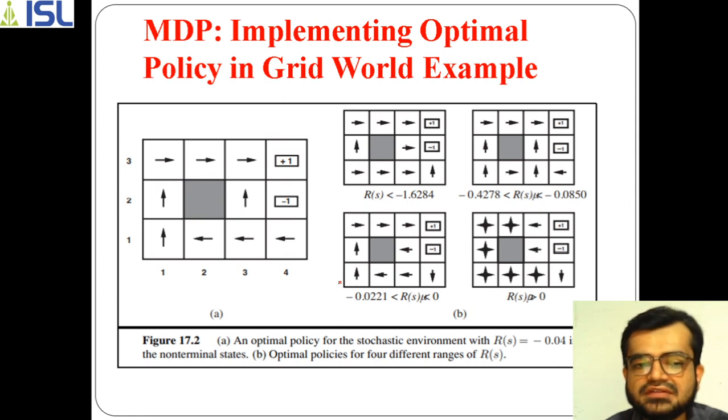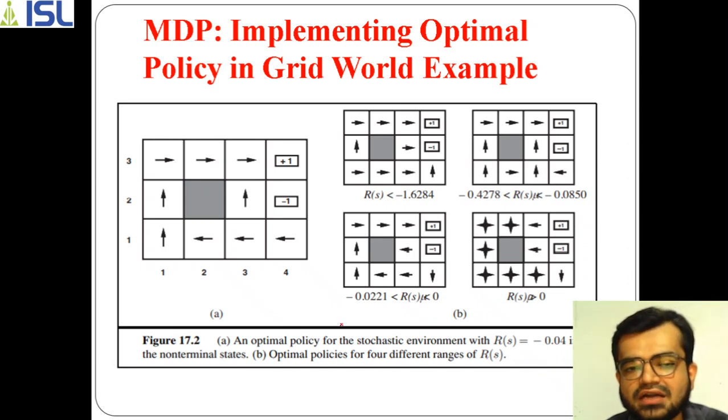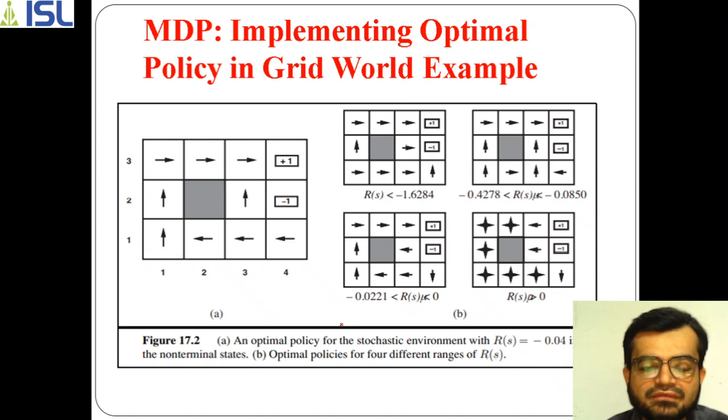If you observe this example, figure A, as we said, 0.04 is the reward given for moving from one state to another.